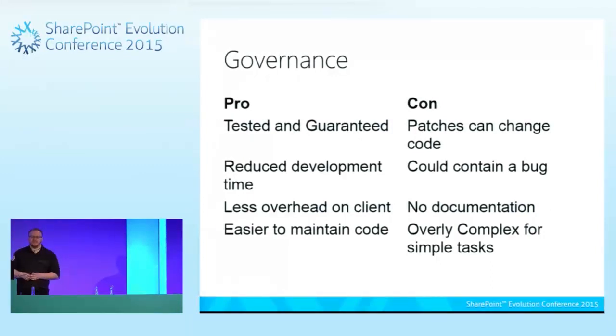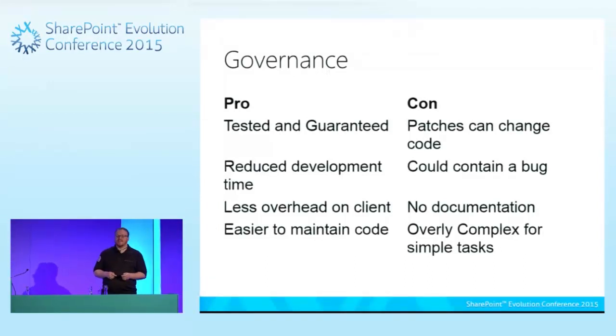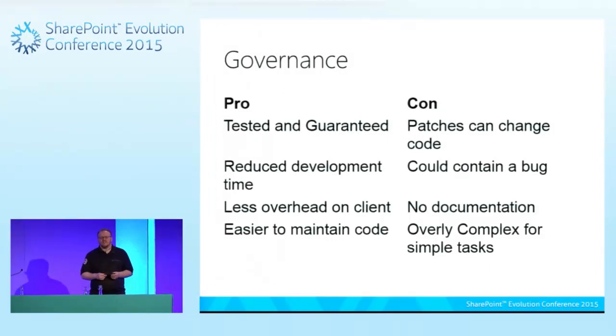But sometimes, like SP animation that I mentioned earlier, or SharePoint's own task engine for client tasks, they can be overly complex. You might just want to do something simple and think, well, this is really easy in jQuery or something, I'm just going to use that. That's true. They can be overly complex, but they're designed for a multitude of scenarios, like the task engine.